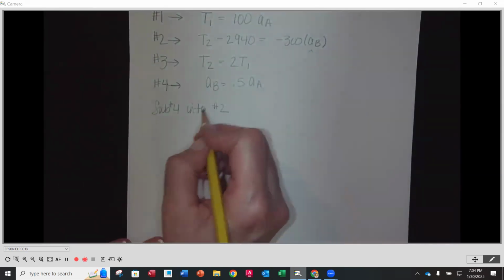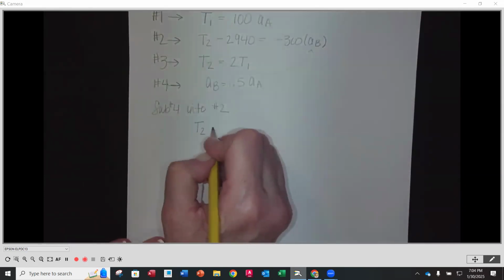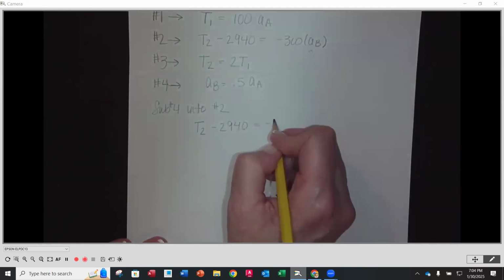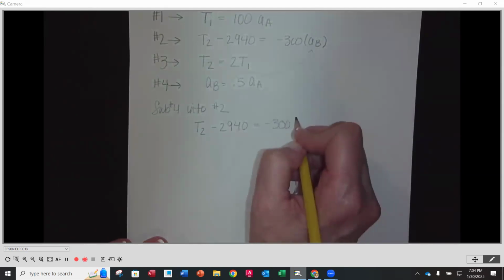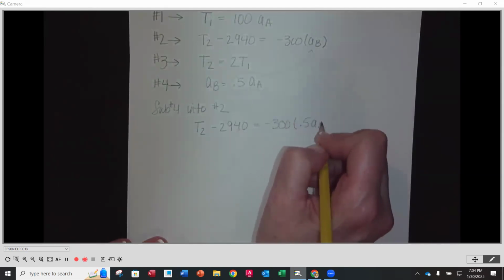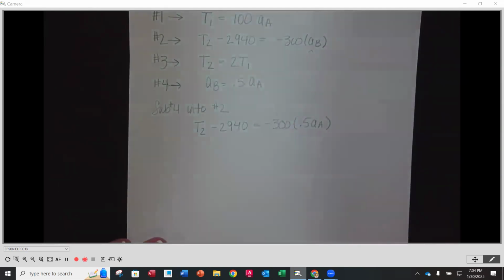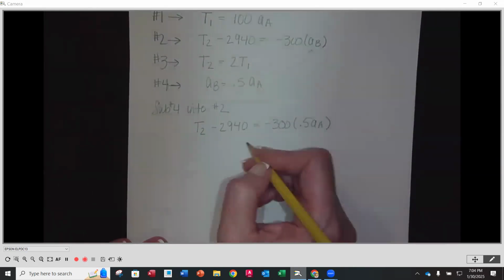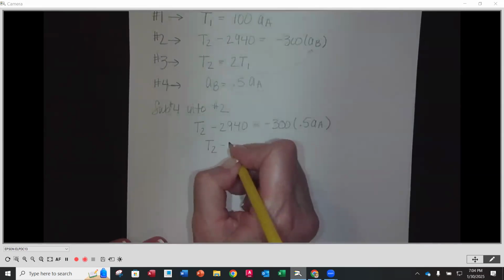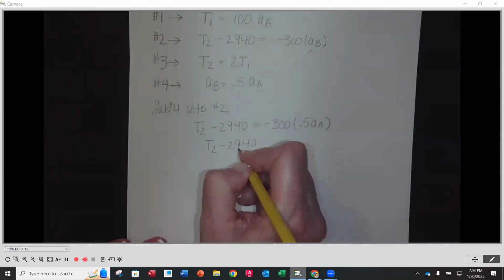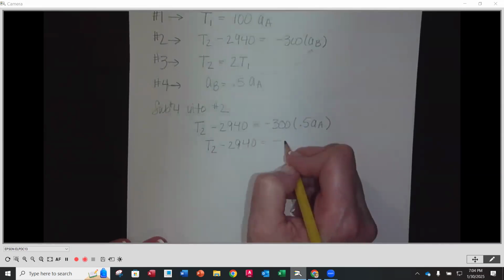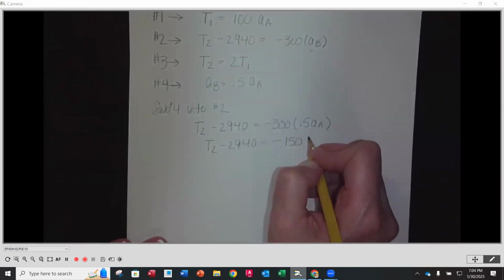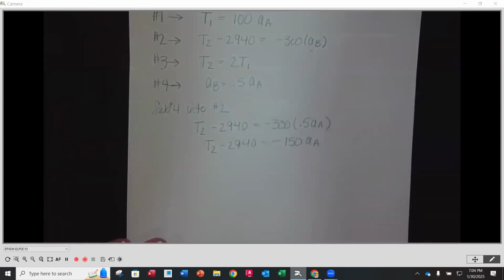I'm going to rewrite that: T2 minus 2940 is equal to negative 300 times 0.5 acceleration of A. Expanding this out, multiplying these two, I get T2 minus 2940 is equal to minus 150, 1/2 of 300, times the acceleration of A.